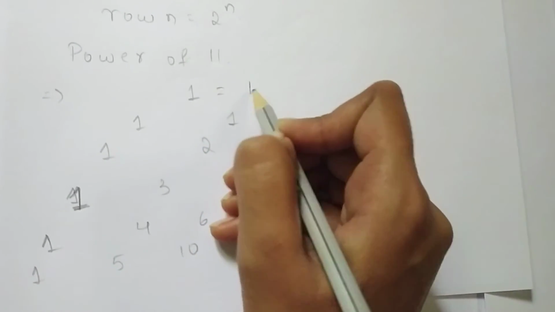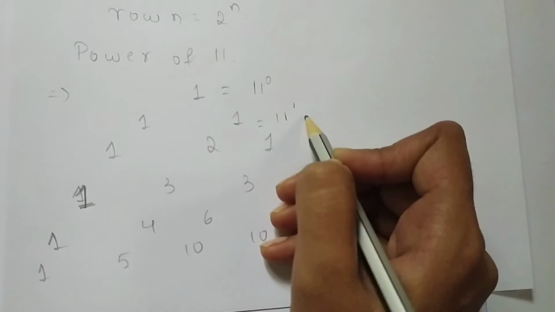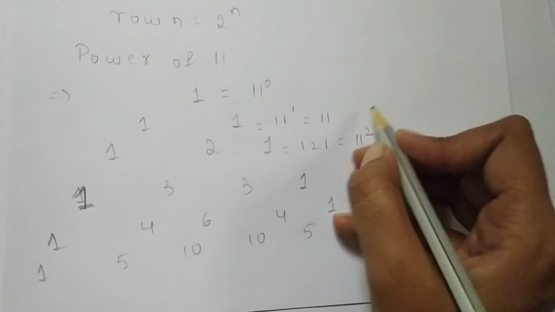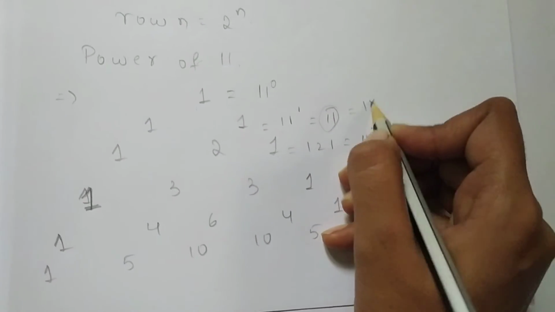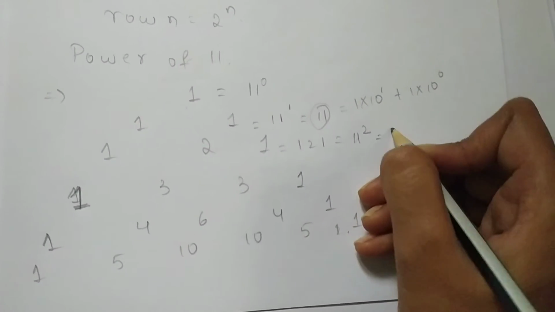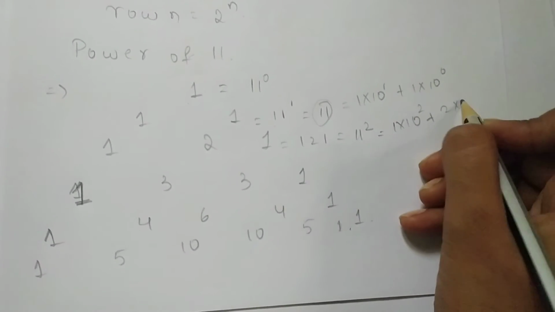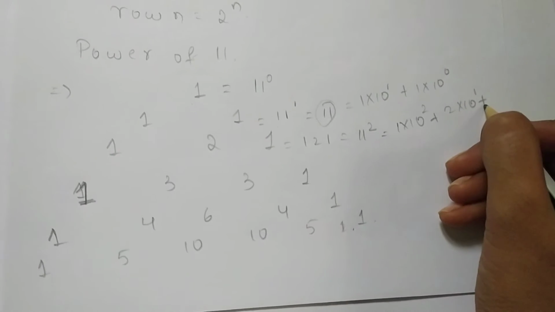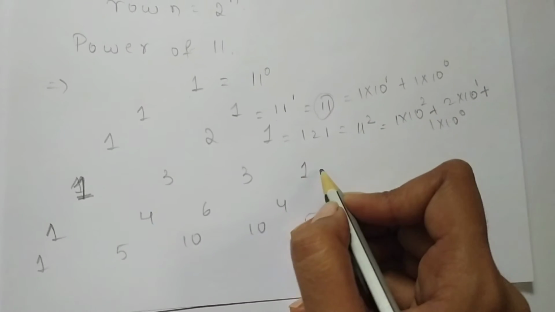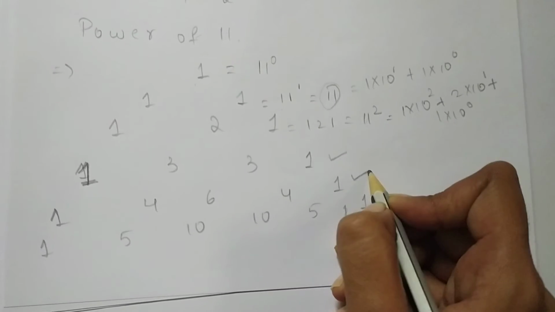Here 11 to the power of 0 means 1, and just read it as it is. 11 to the power of 1 we get 11, and here 121 which is 11 squared. This 11 can be expanded as 1 into 10 to the power of 1 and 1 into 10 to the power of 0. This can be expanded as 1 into 10 to the power of 2 plus 2 into 10 to the power of 1 plus 1 into 10 to the power of 0. We get 121. And further we can do it for this row and this row.